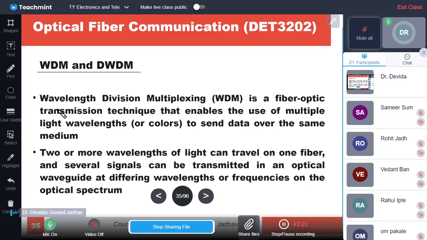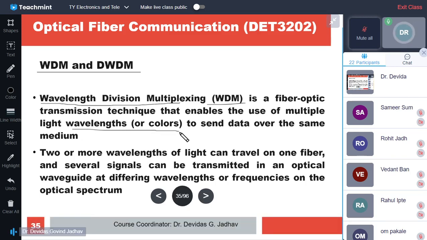In wavelength division multiplexing, WDM, the fiber optic transmission technique enables the use of multiple light wavelengths or colors. Wavelengths can be called colors because wavelength decides the color in visible light, with which we are conversant.